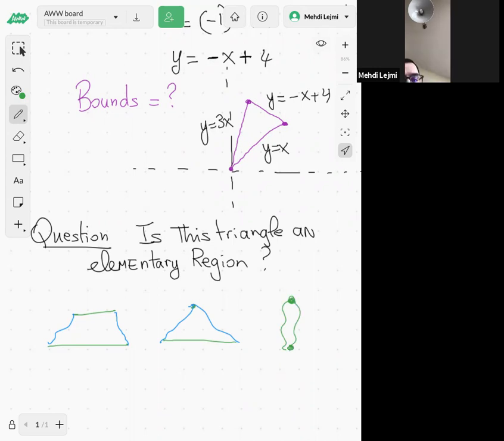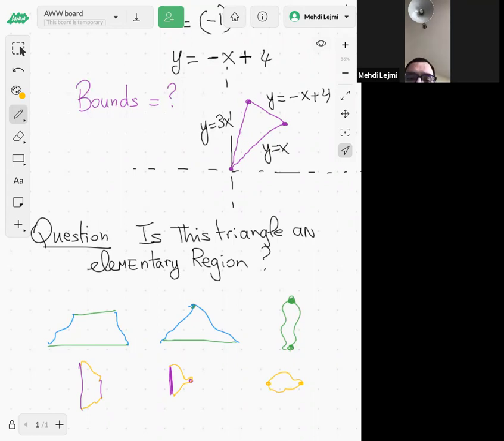Or you can have two vertical lines connected by the graph of two functions, or one vertical line and a point, or two points, connected by the graphs of two functions, right?